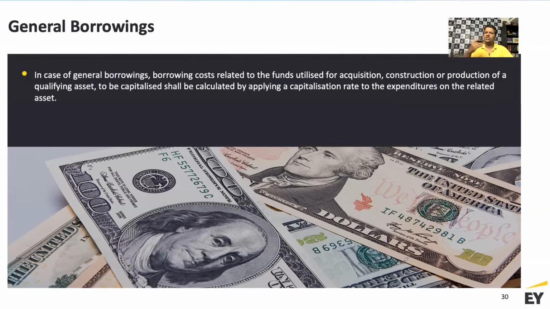In the case of a general borrowing, the cost related to the funds utilized for acquisition, construction, or production of a qualifying asset to be capitalized shall be calculated by applying a capitalization rate to the expenditure on the related asset.